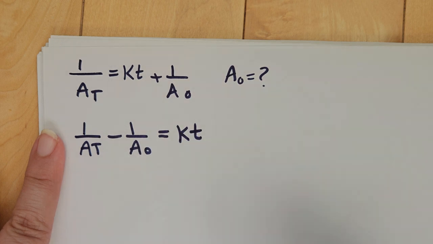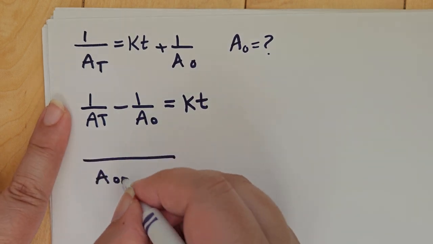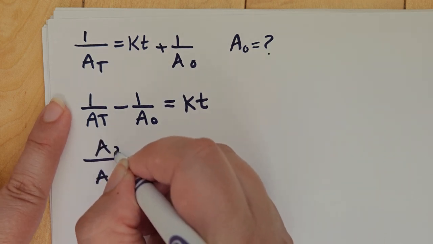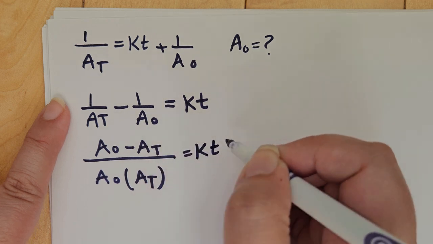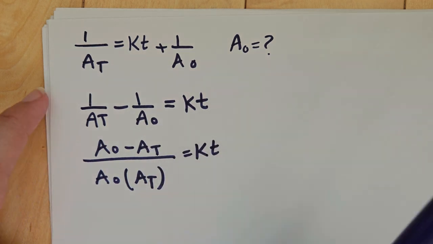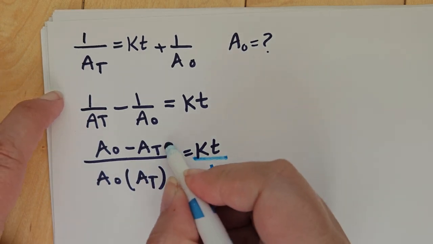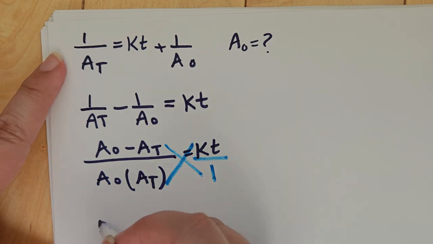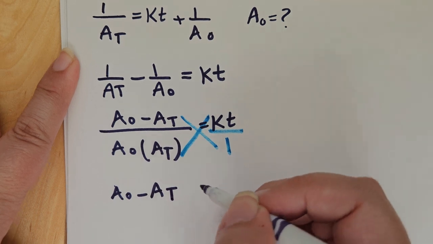So I start, as usual, by moving the 1 over a0 to the other side, doing a common denominator. That's what I did. Now, one fraction on this side, one fraction on the other side. I do cross multiplication. After cross multiplication, we would have a linear expression.